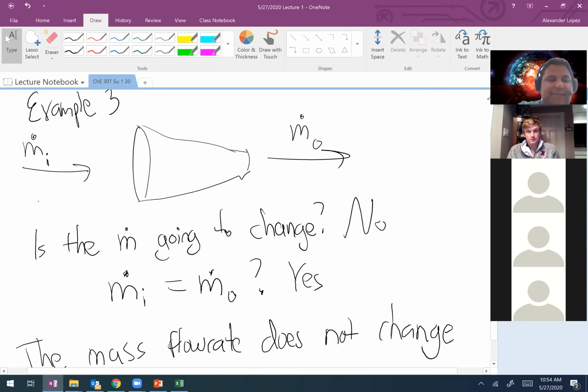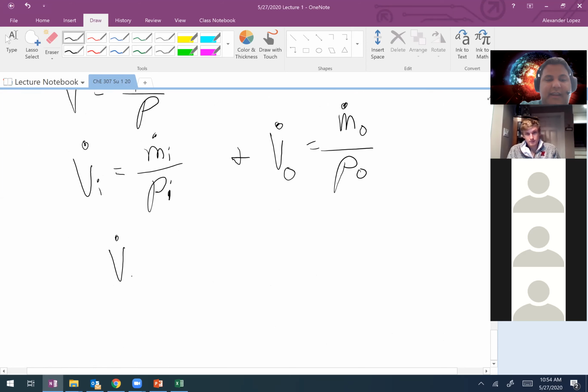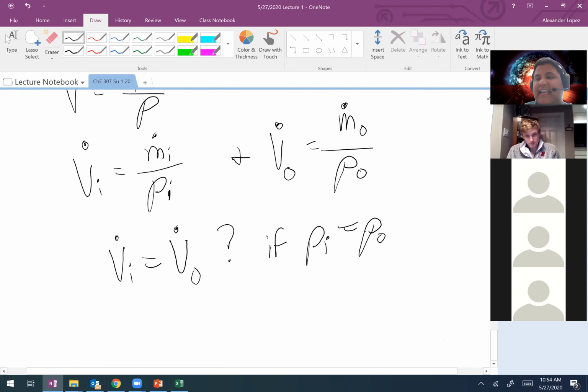How is my situation going to change? Can I say that my volumetric flow rate in equals my volumetric flow rate out if rho in is constant, or rho in equals rho out? Is that true or false?